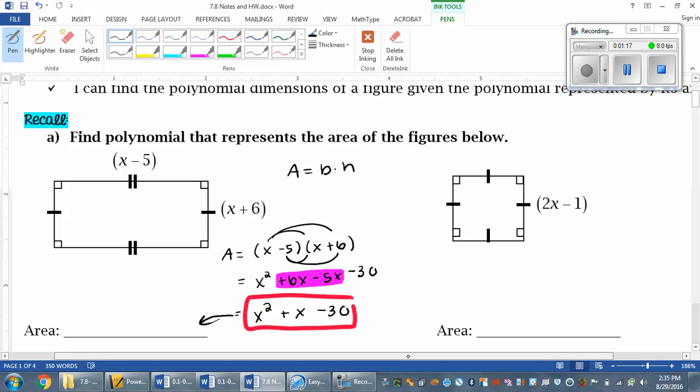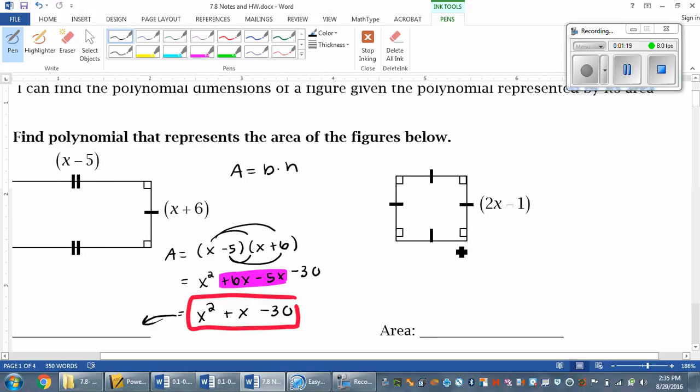And in the other example, if you recognize that all of the side lengths have the same tick mark, that means if this is 2x minus 1, this is also 2x minus 1. To find the area, the square is going to be 2x minus 1 times 2x minus 1. Again, distribute that.